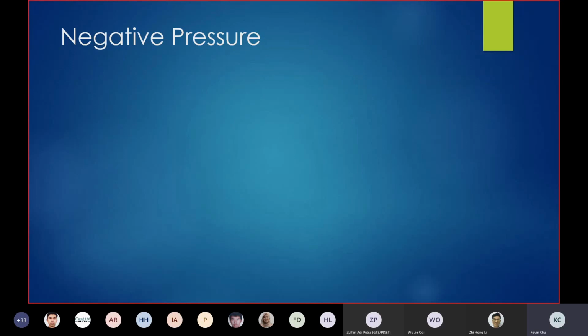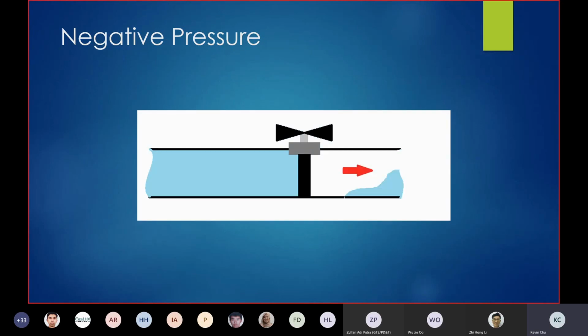Let's look at some examples where negative pressure can occur. Earlier, when we discussed the water hammer, we only focused on the upstream of the valve. Here, let's assume that the left hand side is the upstream of your valve. Initially your liquid is moving from left to right.